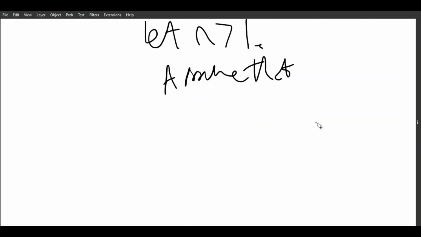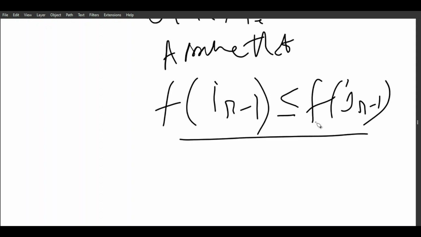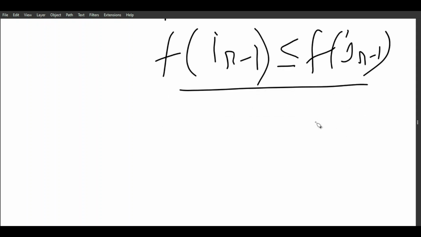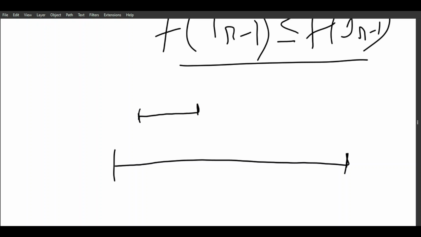Our assumption is that F of I r minus 1 is at most F of J r minus 1, and we have to prove that F of Ir is at most F of Jr. So we make a diagram of this induction condition on the timeline. Here we have a timeline, and we can make something like this.